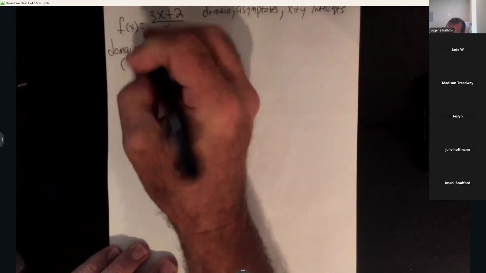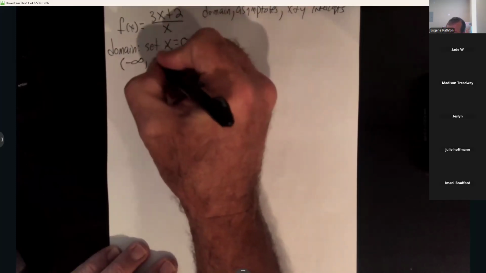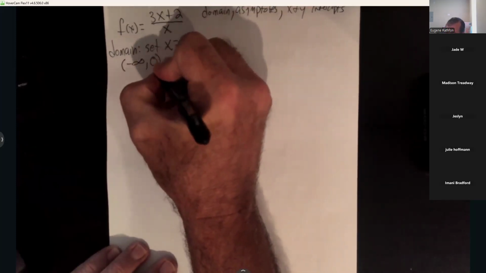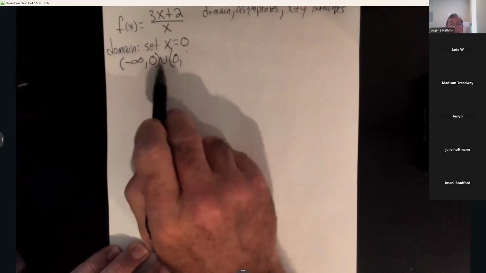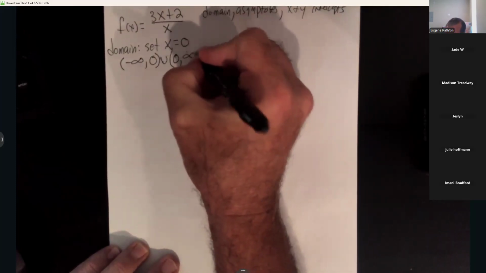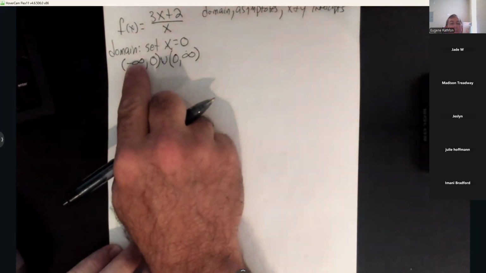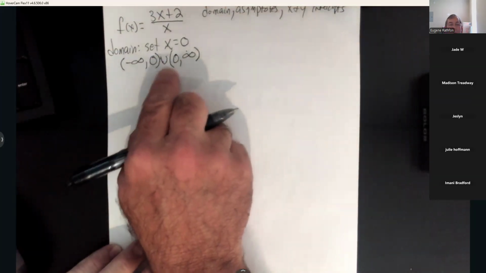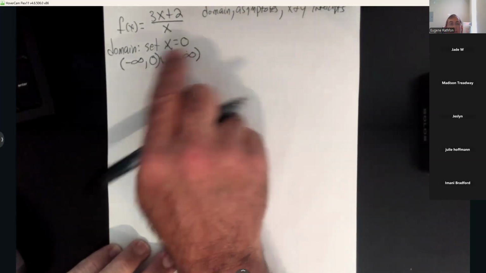So in interval notation, I would go from negative infinity up to 0 and union around that 0, because remember, I'm kicking out 0 by the union. And then it goes towards positive infinity. So the domain would be negative infinity to 0, union around 0, and then you're going towards positive infinity.